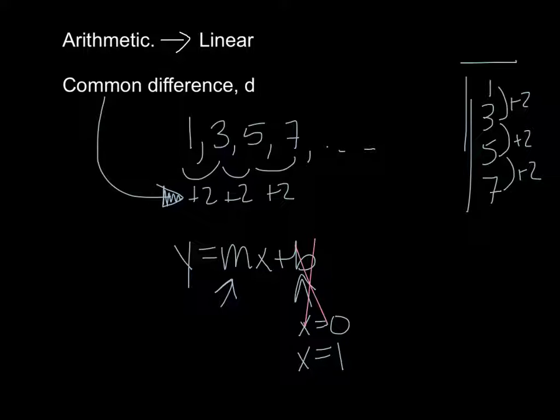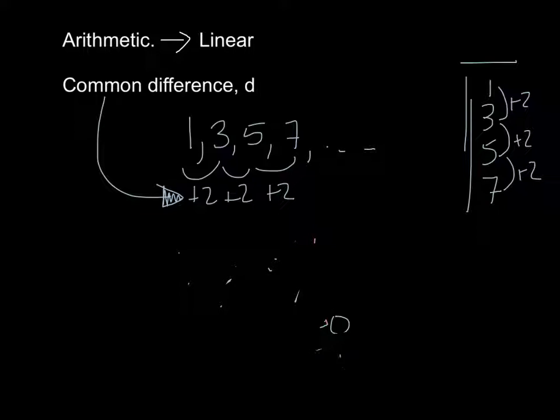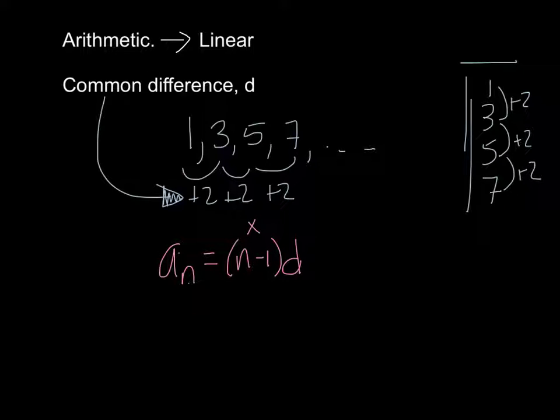The formula is actually a little bit different than y equals mx plus b. The formula, or the general rule, is a sub n, remember we use that instead of y, equals n minus 1, remember n is used instead of x, times d, that's our slope number, so that makes sense. So normally this is an x, times d, plus, instead of the y-intercept, we're going to use a sub 1.